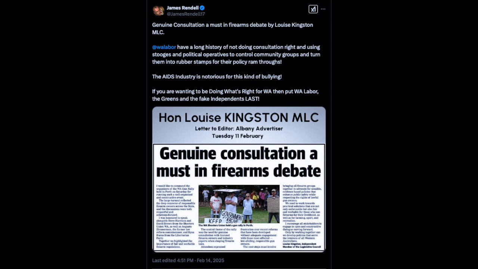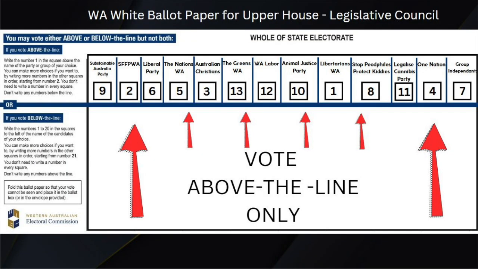I'm not going to mention them because they're a bit more complex, but 8, the Stop Pedophiles Protect Kiddies Party, they are actually the renamed Democratic Labor Party, so their preferences will go to the WA Labor Party.